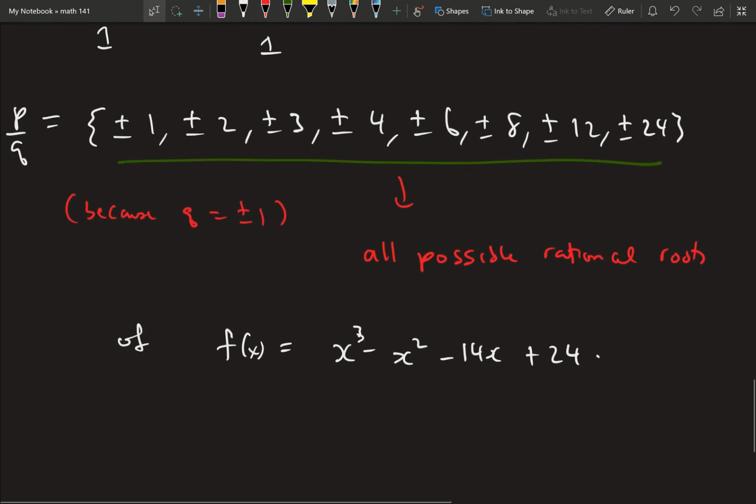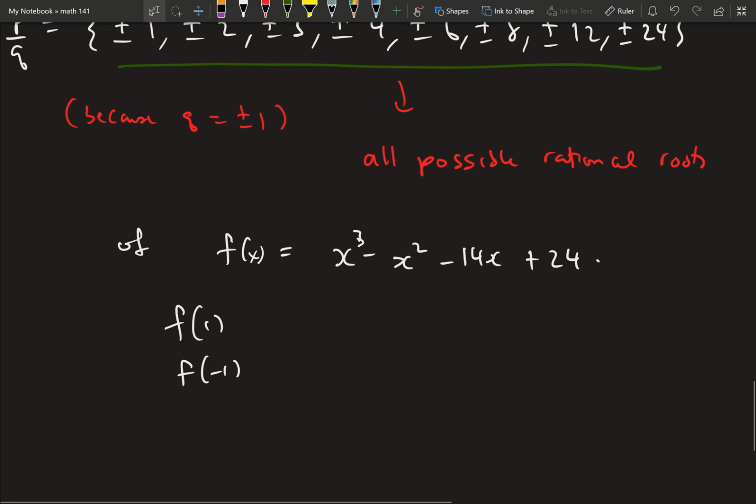Okay, so what we do, well, if we didn't know any better, which at this point we don't, we just try each one out. So we're going to try f of 1, we're going to try f of negative 1, we're going to try f of 2, and negative 2. And of course, if we didn't find any of them that worked, we would keep going, but we will find one that works soon enough.